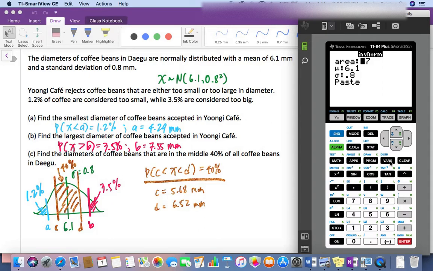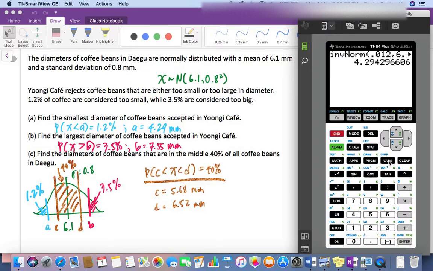The default is that it's going to ask for the area from the left only. So for the first question on A, if you enter 1.2%, it's going to give you the same answer as this one. That's the default.